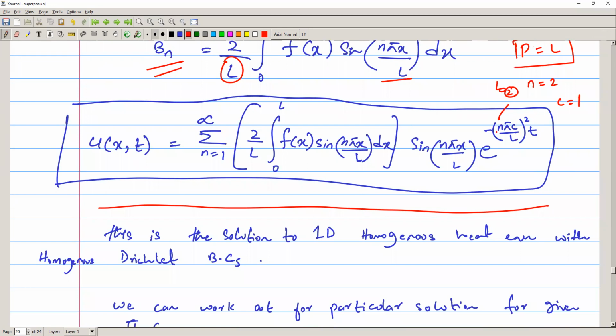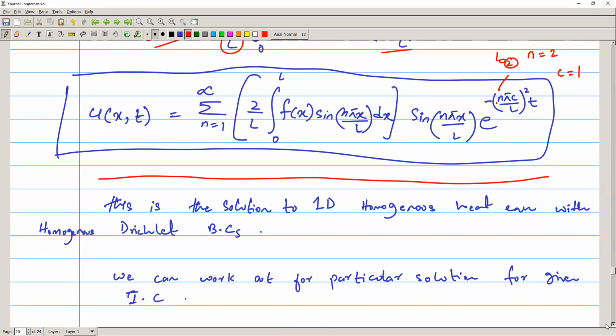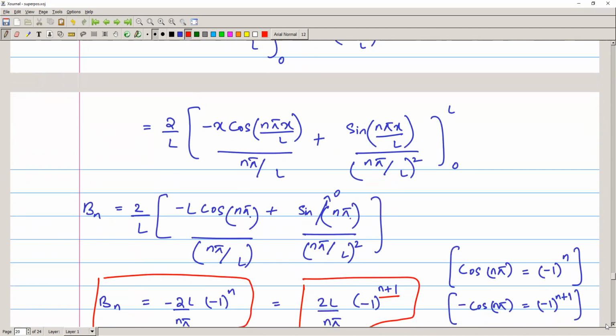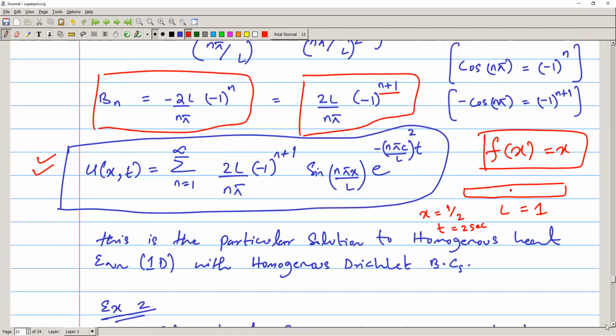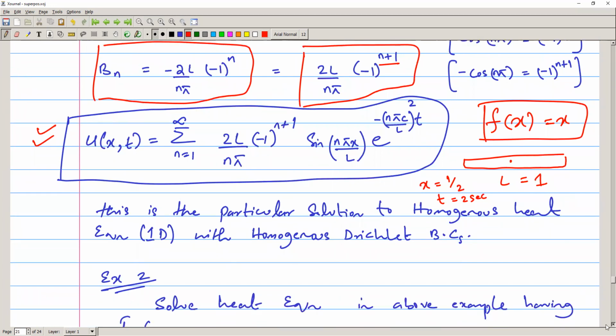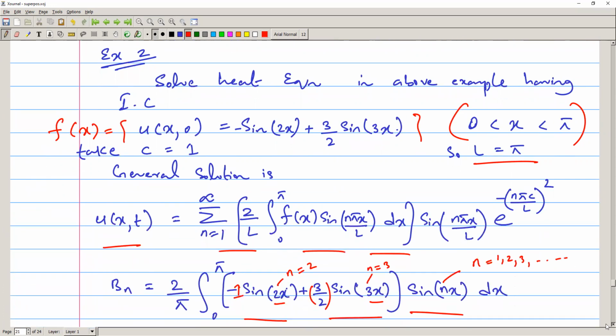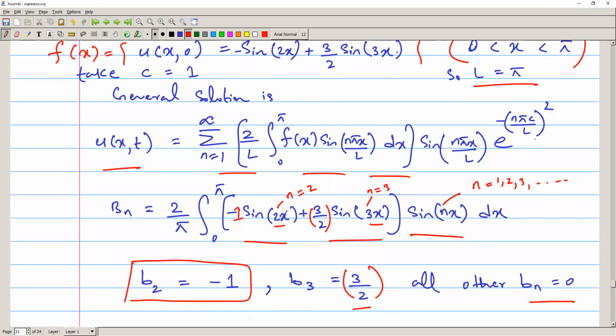And this pi will cancel with pi, because we are saying that now the length is from 0 to pi. Here we have said that the length is from 0 to pi, so we'll place pi in the place of L. So this L will cancel out with pi, right?